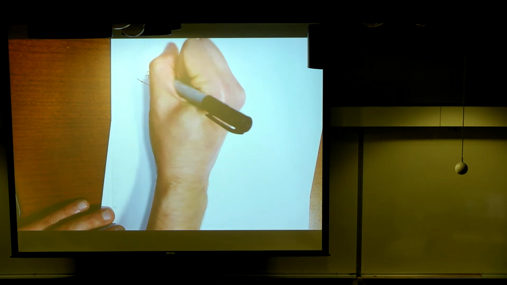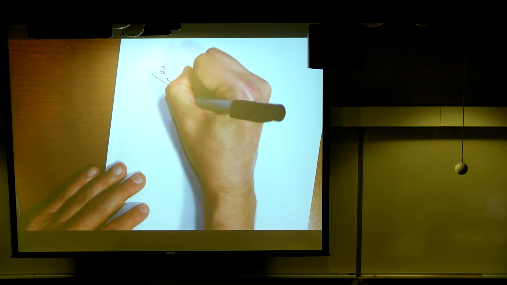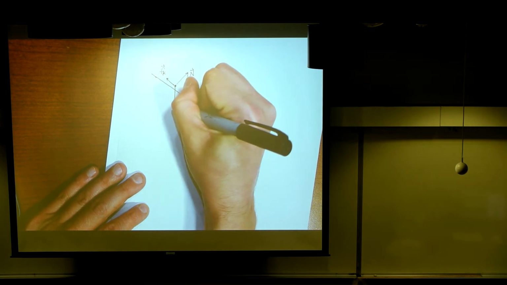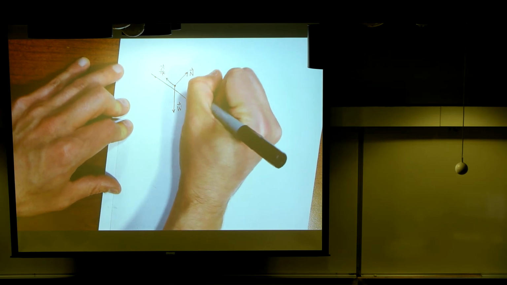Kinetic friction is going up the incline like this, because that's opposing the downward motion, right? And then we've got the weight going straight down like this. All right. You may remember that if you're just moving up or down an incline, it's very useful to define your coordinates in this way.